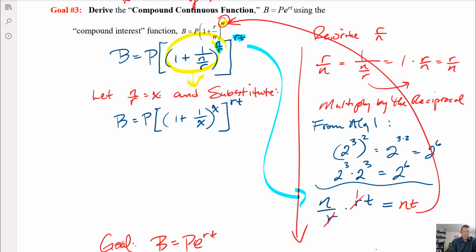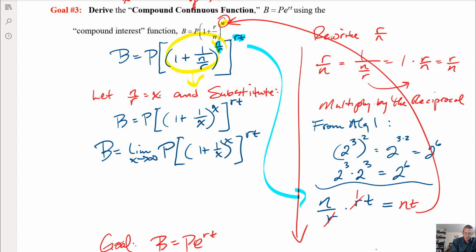Okay, now this is where I want to take a limit of the function. So I say b is equal to the limit as x approaches infinity of p times 1 plus 1 over x to the x power, raised to the rt power. What is this?